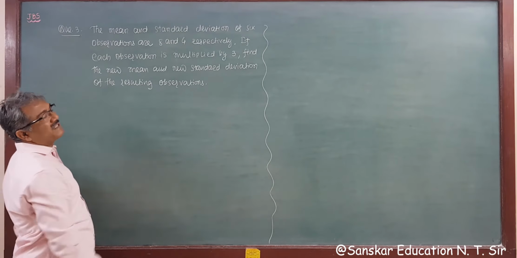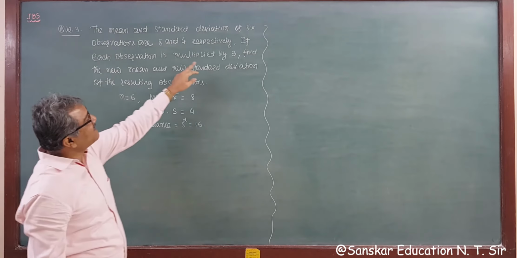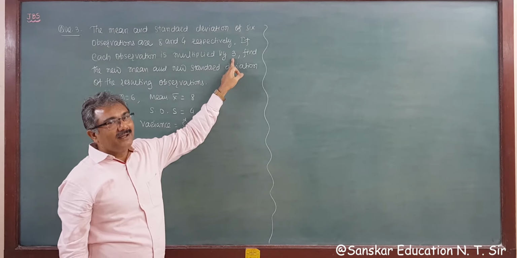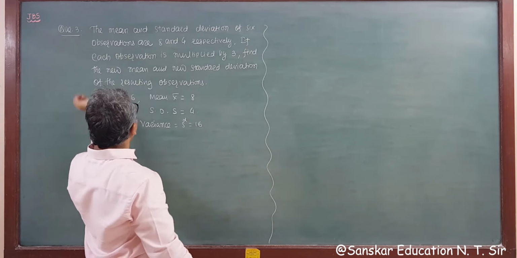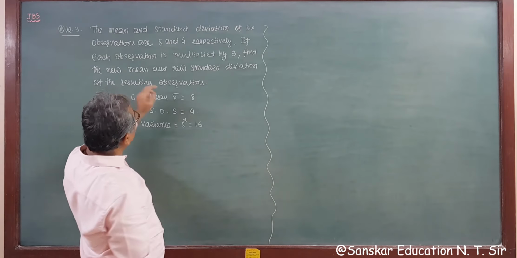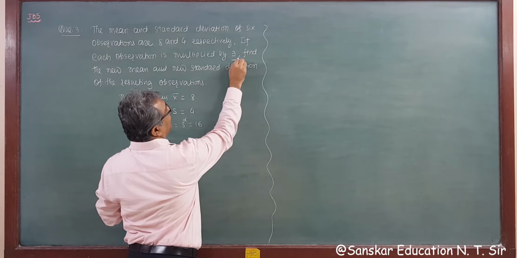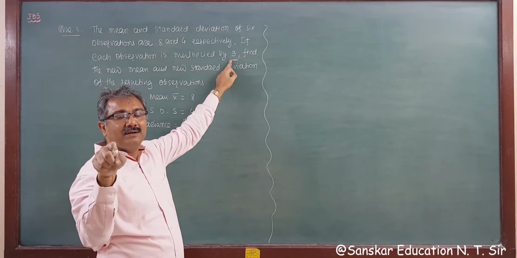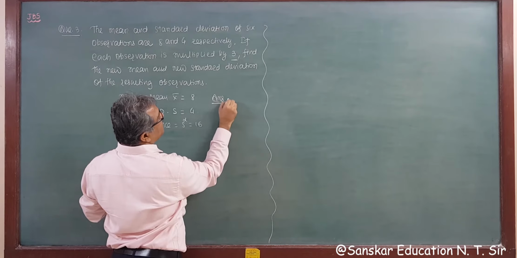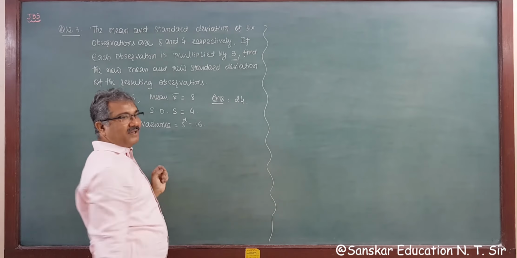So this is given. If each observation is multiplied by 3, then find the new mean and the standard deviation of the resulting observations. Each observation is multiplied by 3, so the new mean will be 3 times the old one, that is 24. So your answer for the new mean is 24.